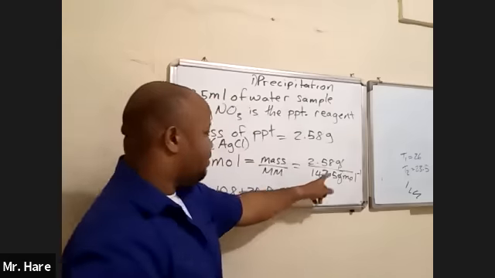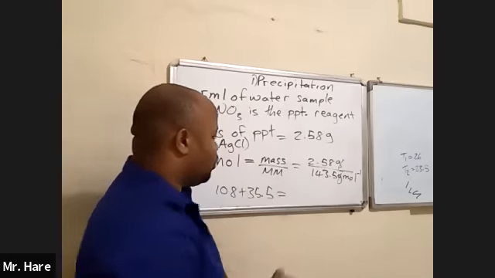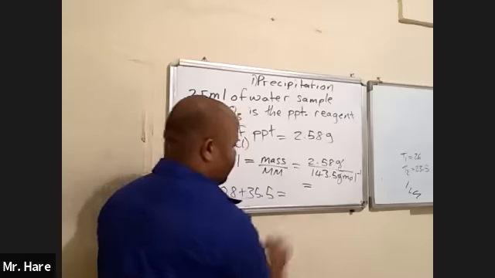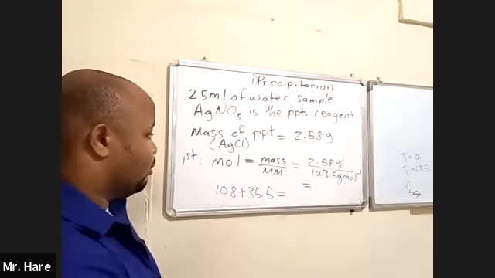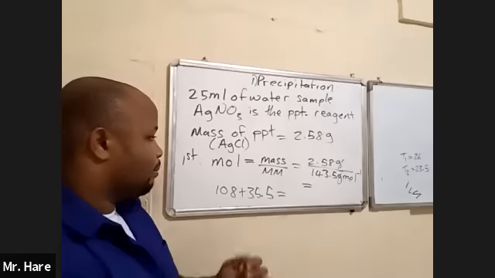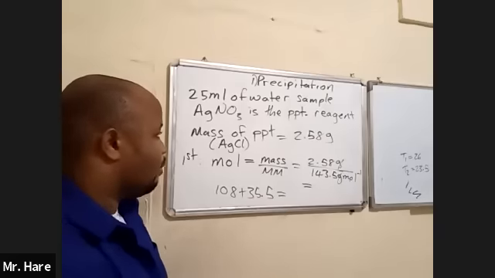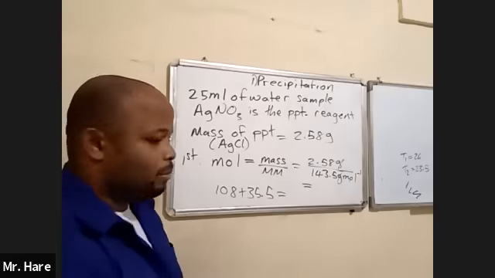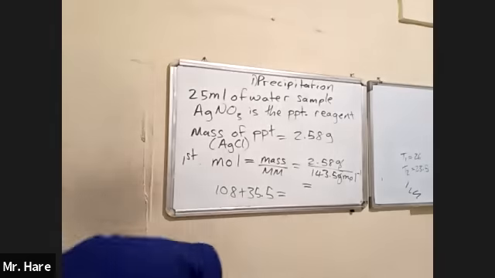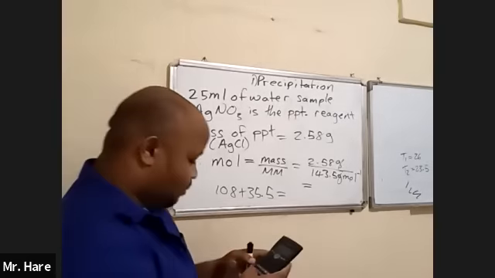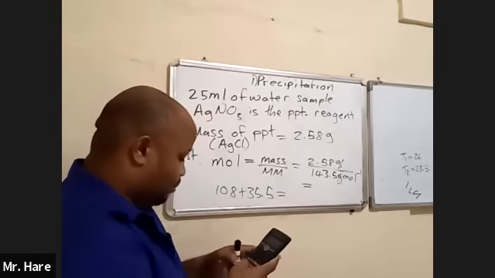So 2.58 divided by 143.5, what is the answer? 0.017978.